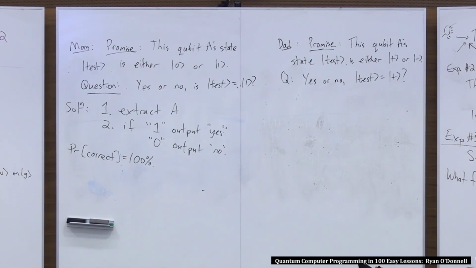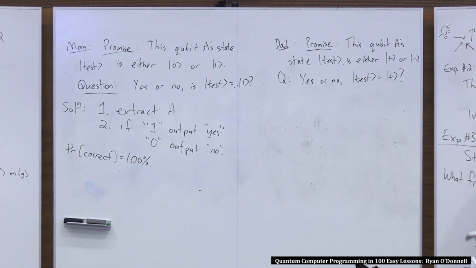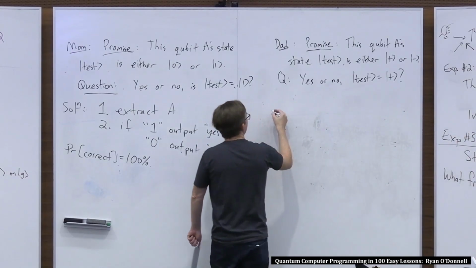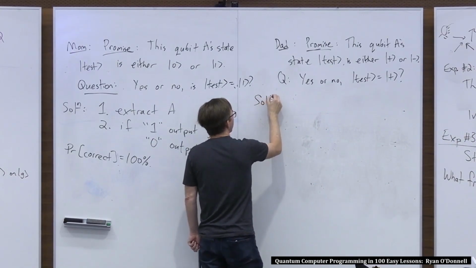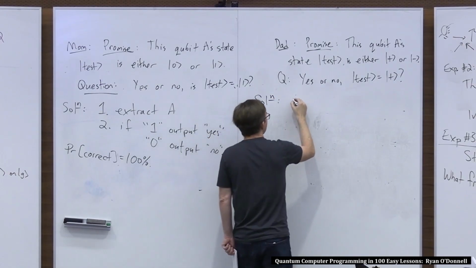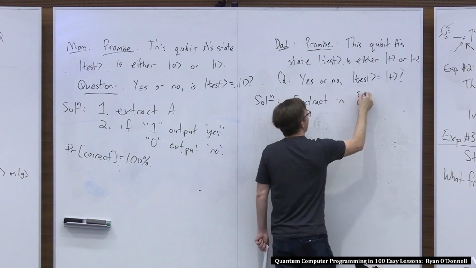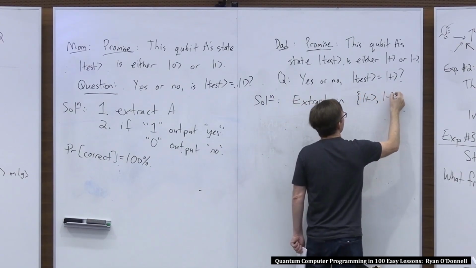So you see the same thing regardless of whether it's plus or minus. You gain no information about what test is. But of course, you can still solve this with probability 100% using our little subroutine of measuring in a different basis. So the solution is you extract or measure, it doesn't matter, extract in the plus-minus basis.